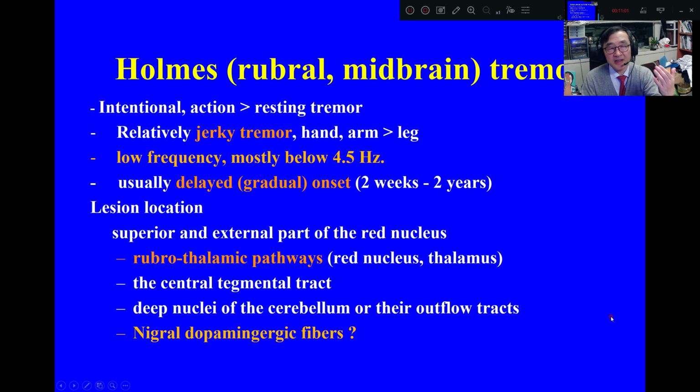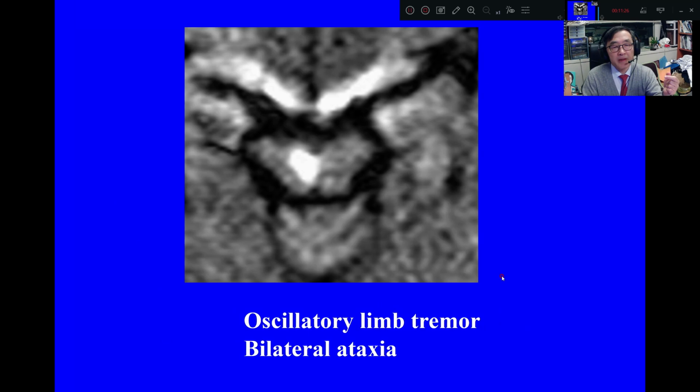Sometimes ataxia in a midbrain infarct patient becomes a persistent tremor. We call it rubral tremor. This is a jerky tremor of about 4.5 hertz, sometimes with delayed onset. It is usually due to rubrothalamic pathway involvement, although there is some argument that nigrostriatal dopaminergic fibers should also have been involved in these cases, but we don't know.